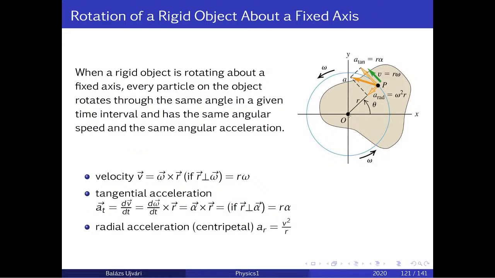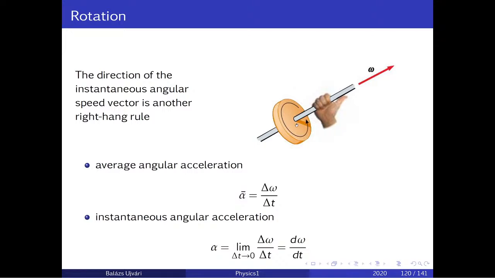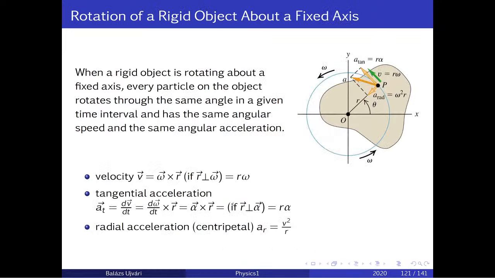If you can imagine a vector from the screen towards your head, that is the direction of omega. If you see how my mouse moves, this circular motion has omega towards you. And since r is in the plane of the screen, omega is perpendicular to the screen and points to you.